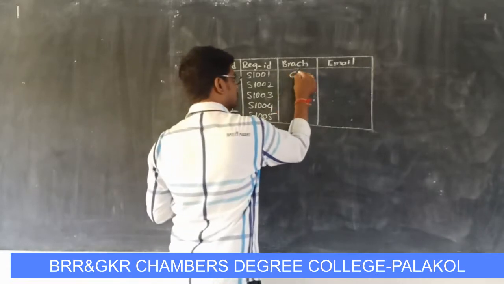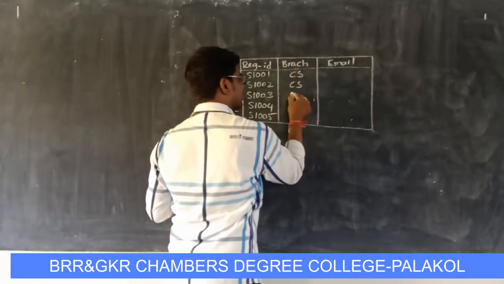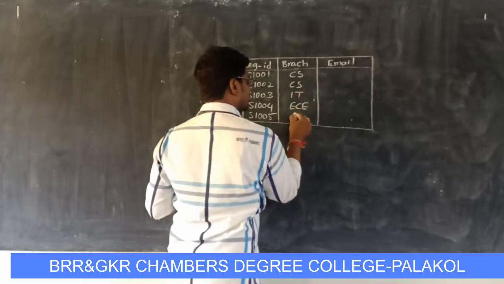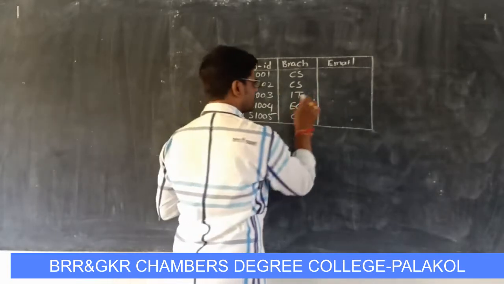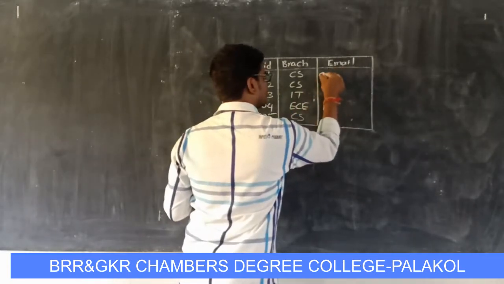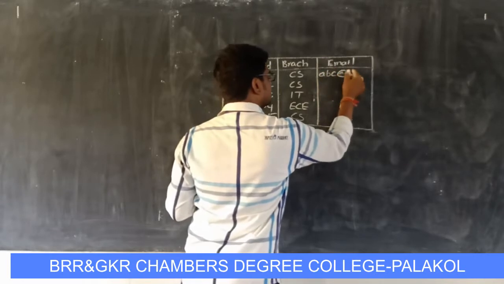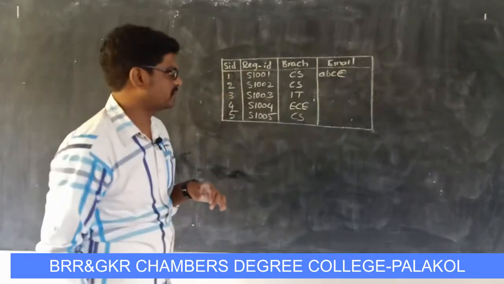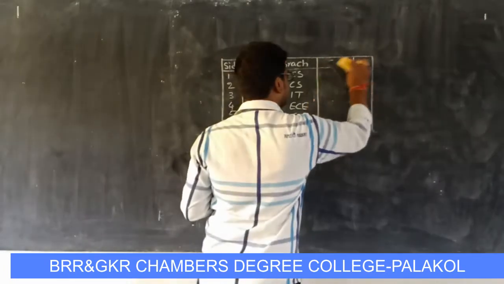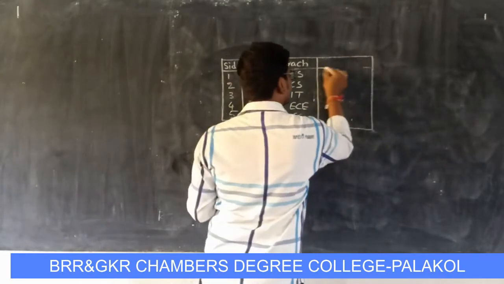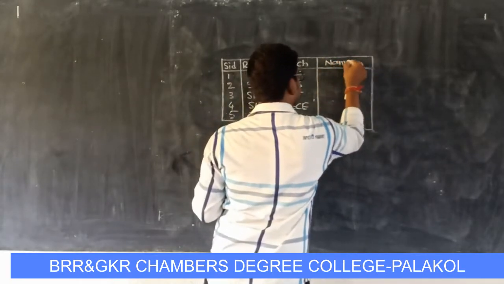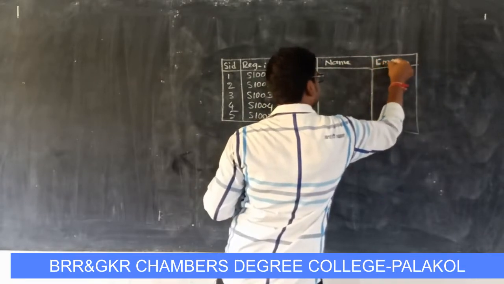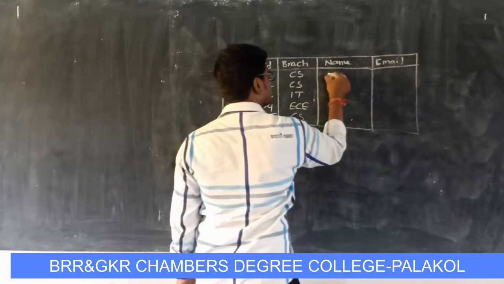The branches are computer science department, IT department, ECE department, and of course electrical department. Then the email IDs. And I want to take one more column, names, so name and email.